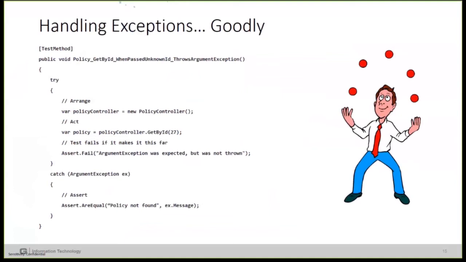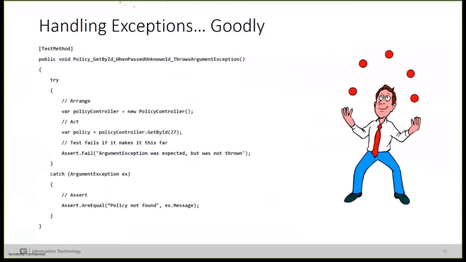So try: instantiate the policy controller, call the get by ID method with 27. And then there's this line here. It says Assert.Fail, argument exception was expected, but none was thrown. Why? If there wasn't an exception thrown, then it's not acting properly. What if you don't include that line?